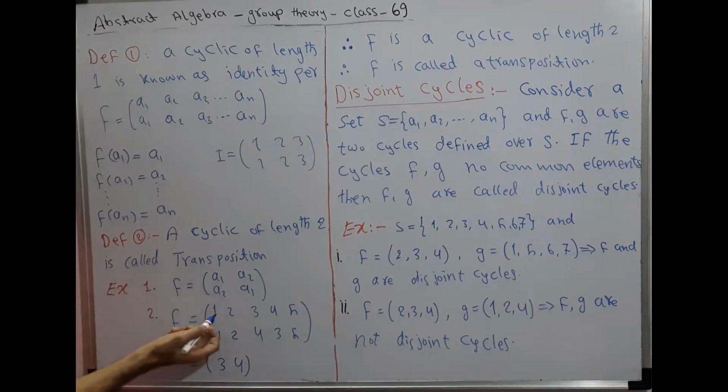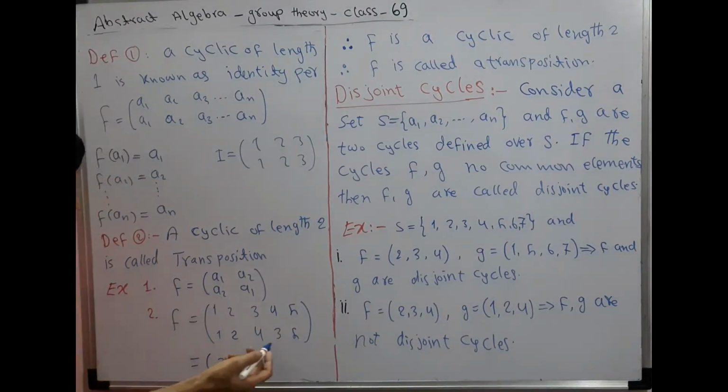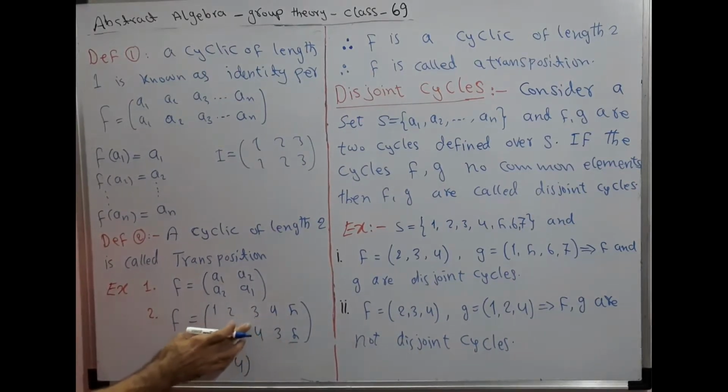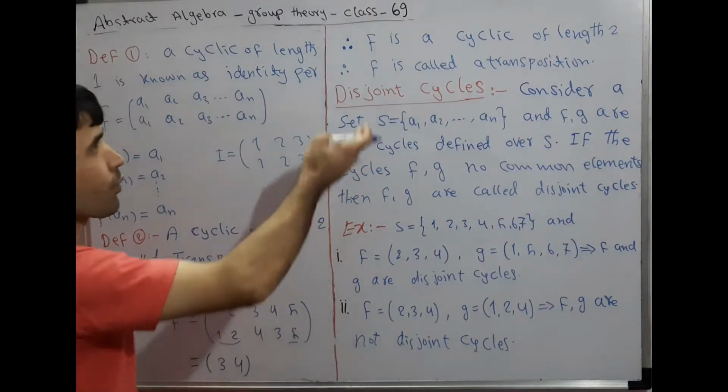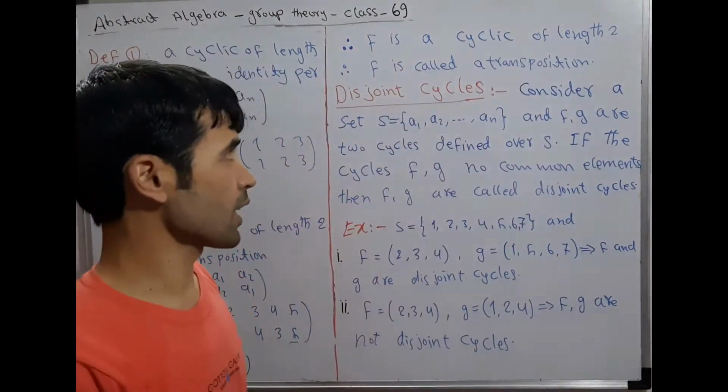Second one: f maps 1 to 1, 2 to 2, 3 to 4, 4 to 3, 5 to 5. Here the length of this permutation is 2. It is just (3 4). We have a 2-cycle, therefore the length of this permutation is 2. Therefore, f is a cycle of length 2, and f is called a transposition.